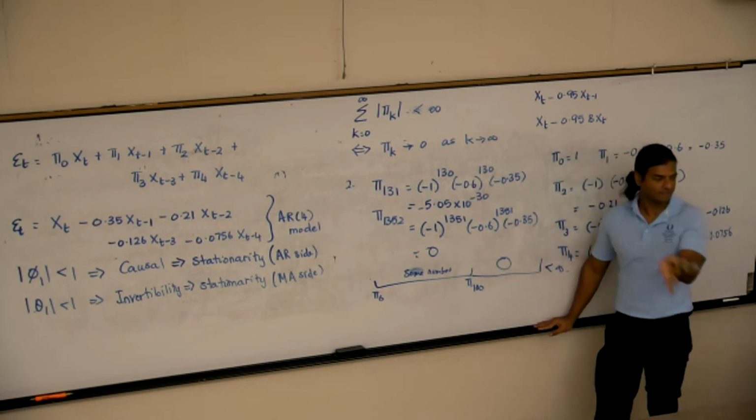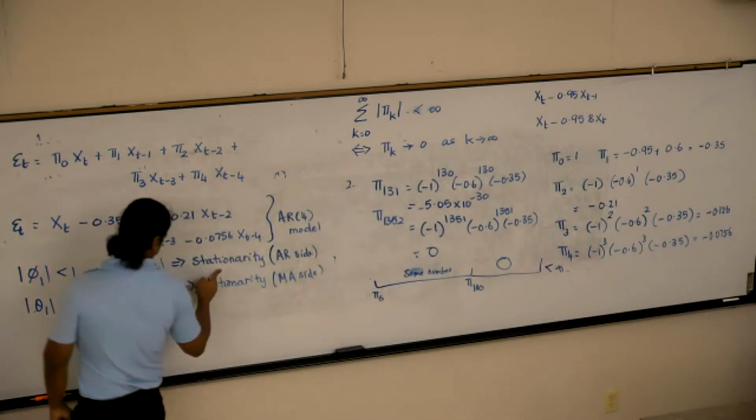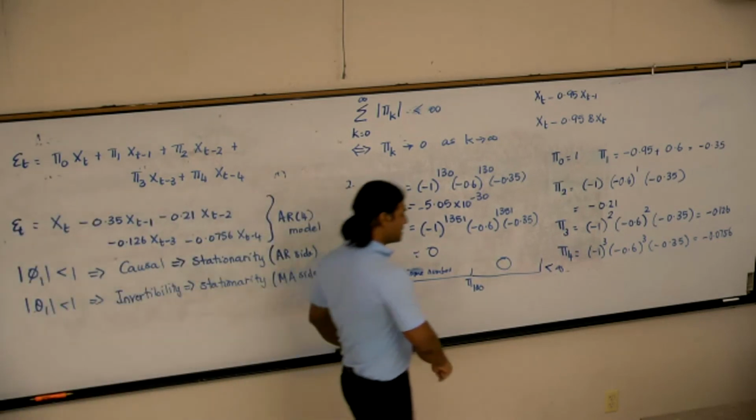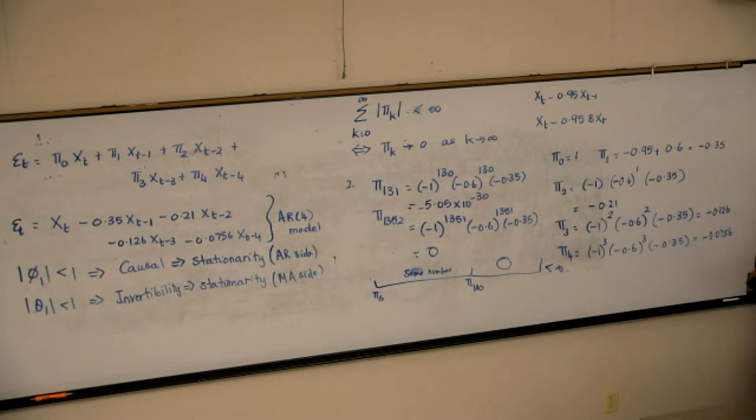If that happens, stationary. So with AR infinity, we concluded it is stationary. If you convert an ARMA 1 process to AR infinity, and that is stationary, then the ARMA model is stationary. So the model that we have is stationary.